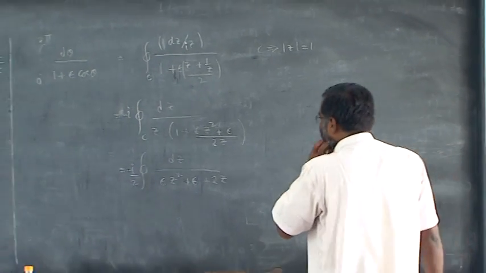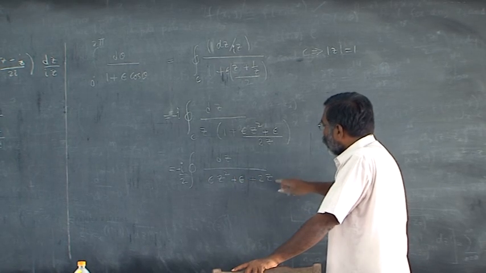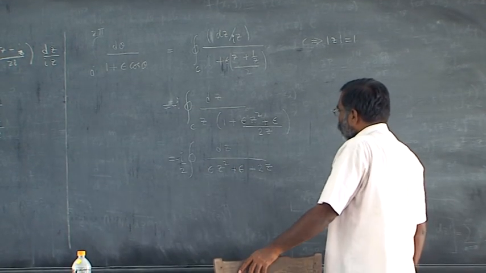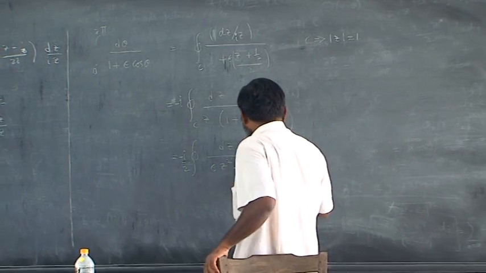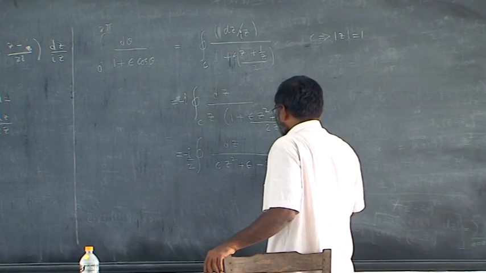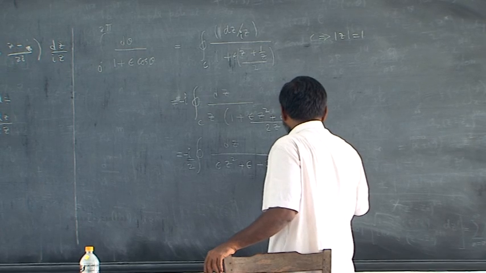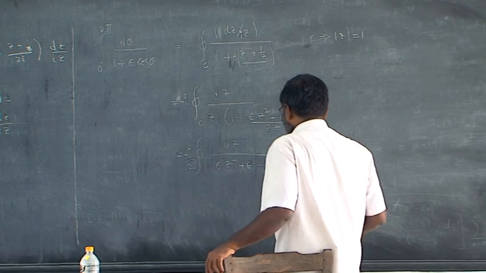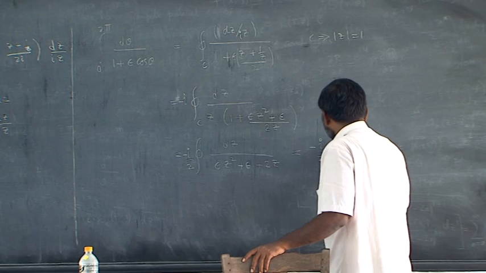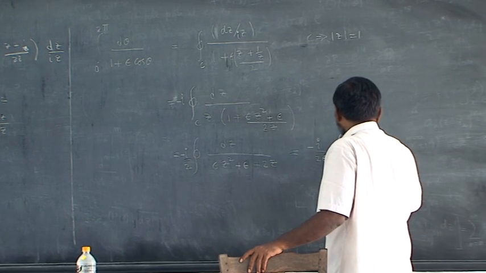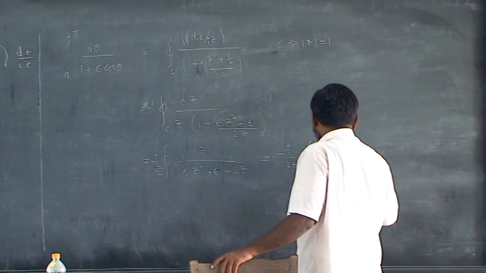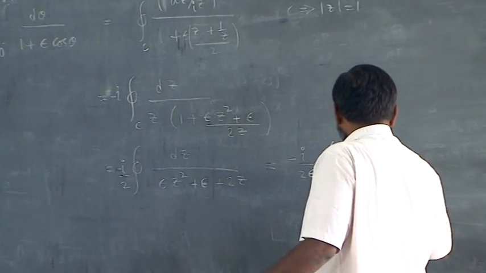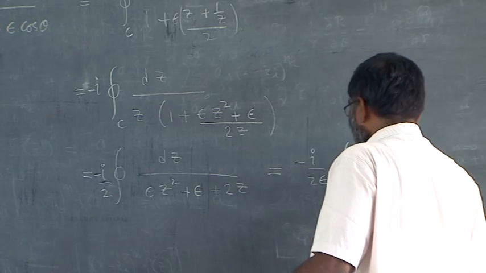Now I can pull out an epsilon, giving minus i divided by 2 epsilon, integral over a closed contour dz divided by z square plus 2z by epsilon plus 1.